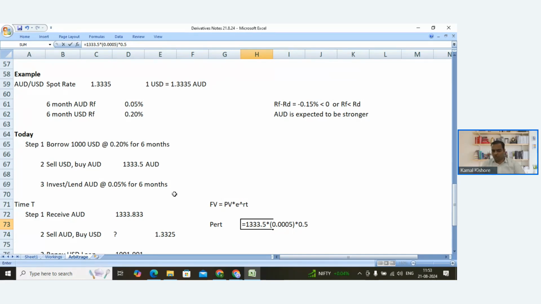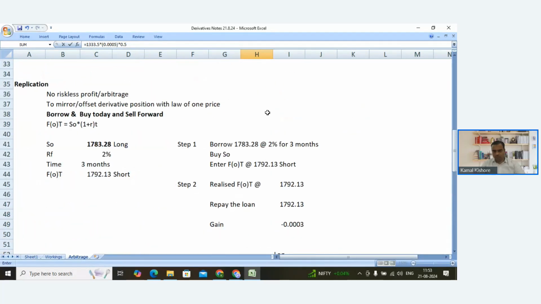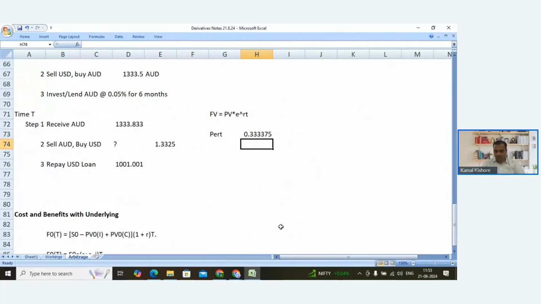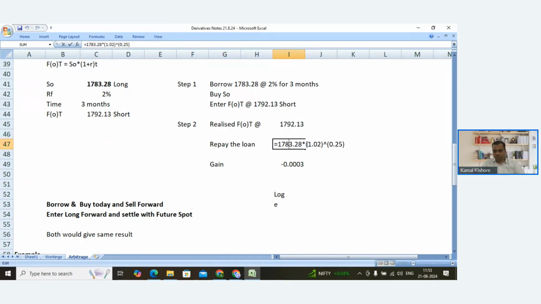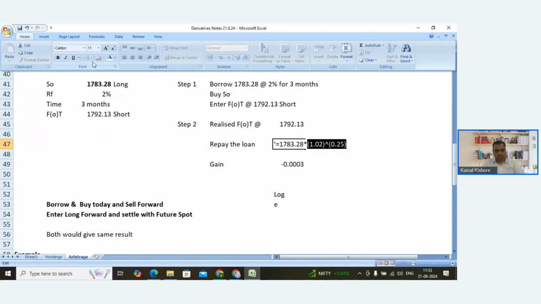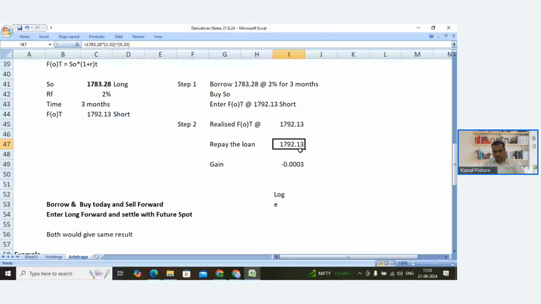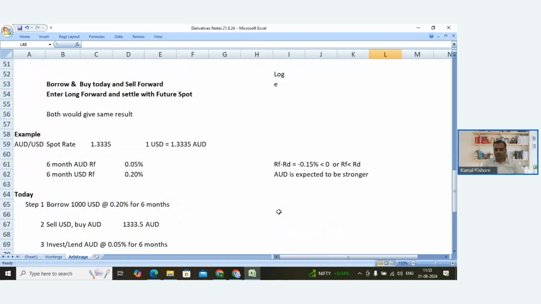So first you will do this part, the way you did here also.